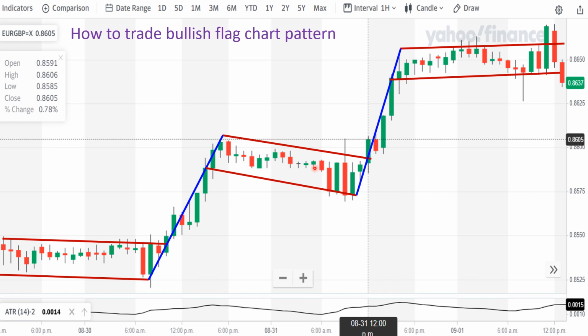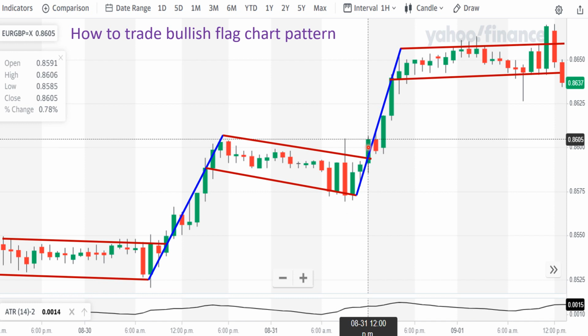You see the price is in consolidation and the size of the candles is very small, and you see this resistance level, and this bullish candle breaks out of this resistance level and closes outside. This is the information for this bullish candle. That is the ATR value.